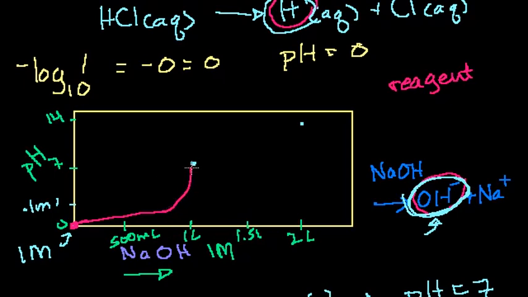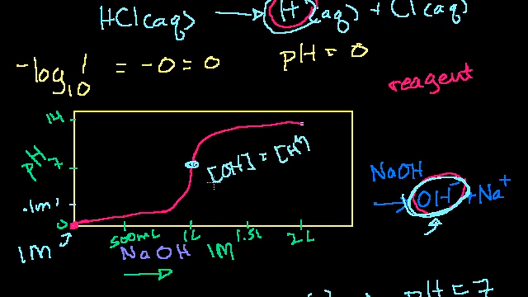You can kind of view that as, and up here, you're still going to have hydrogen concentration, but it's going to get really, really small. Now, what's interesting about what just happened here? At this point right here, your OH is equal to your hydrogen.